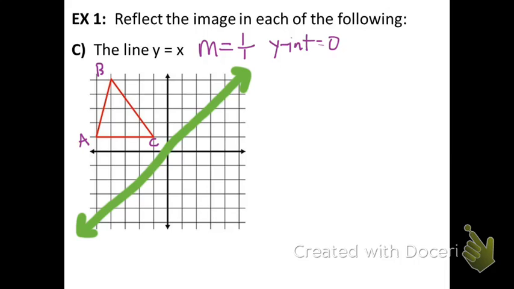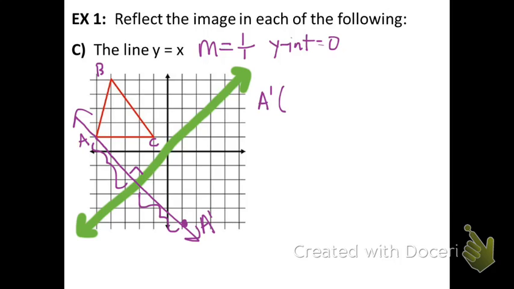So I'm going to draw a line that looks like this, that passes through A, and such that it is perpendicular to the line. And from there, we want to say that the distance from A to the line has to be exactly the same on the other side. So I'm going to say that our A prime will land right there.